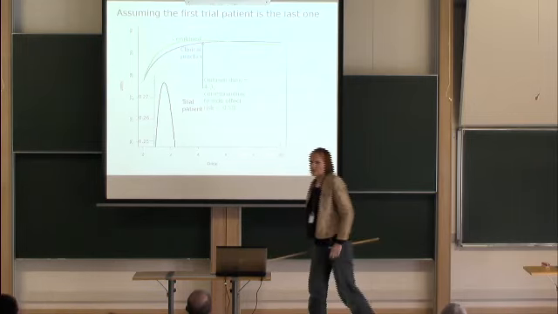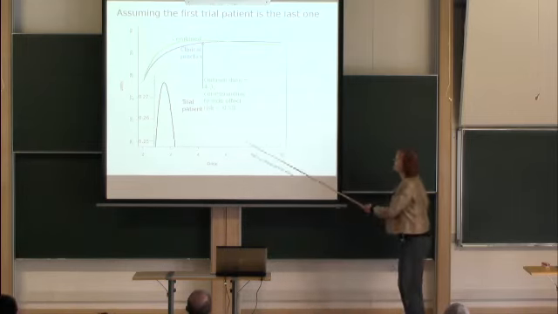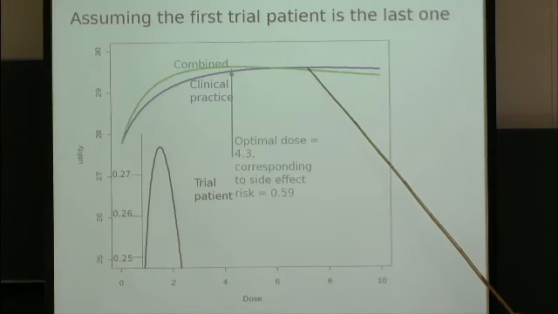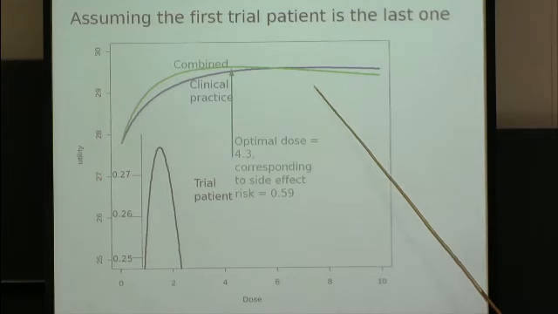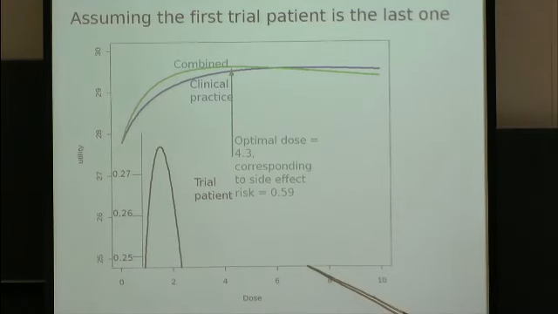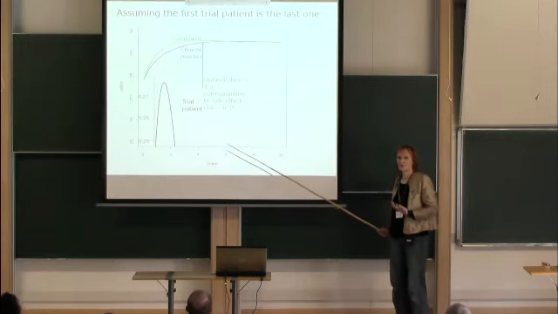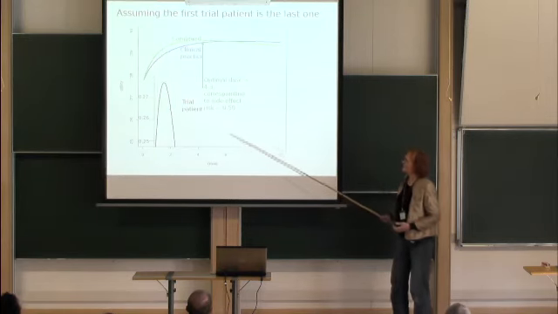And here you see that the dose level that optimizes the utility for clinical practice is quite high, similar to the one that minimizes the entropy of the posterior lambda.